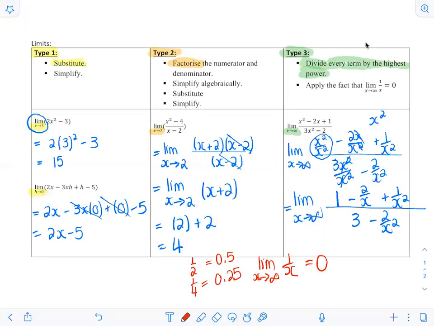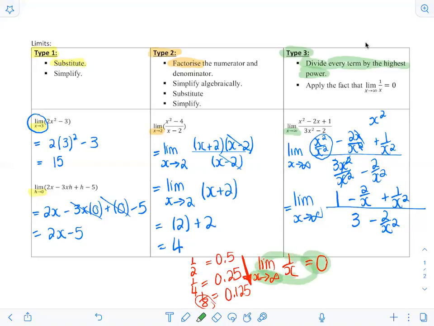If I make it a little bit bigger once more, it's 0.125. So I can see as the denominator gets bigger, the value of the fraction gets smaller. So imagine if x approaching infinity, which is a very big number, this value will get almost 0.